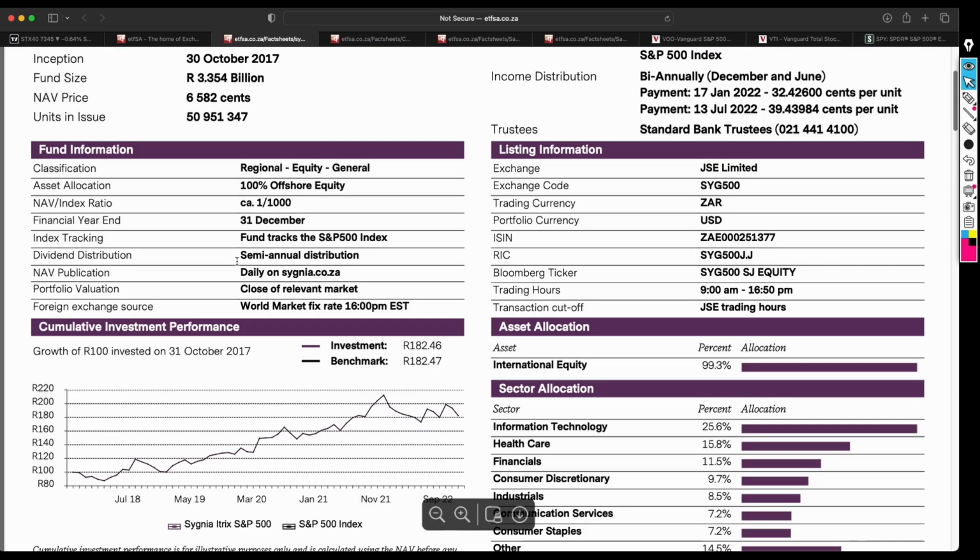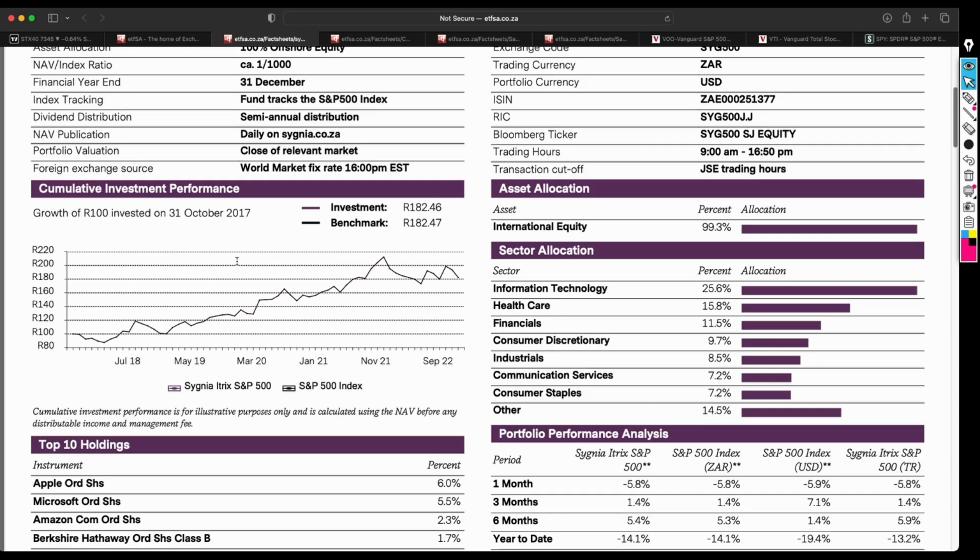Now looking at the Sygnia S&P 500, we can see where the money is invested in terms of sector allocation. It's about 25.6% in IT, then healthcare, financials, and then the other sectors that are below 10%. Consumer staples is about 7.2%, and everything collectively classified as other is just below that.